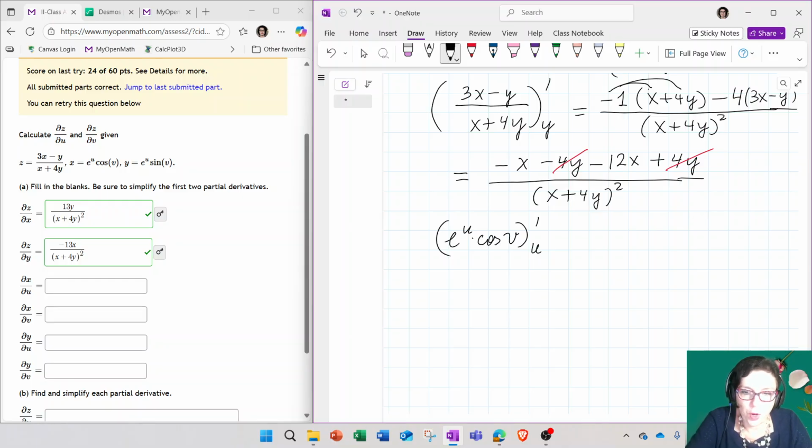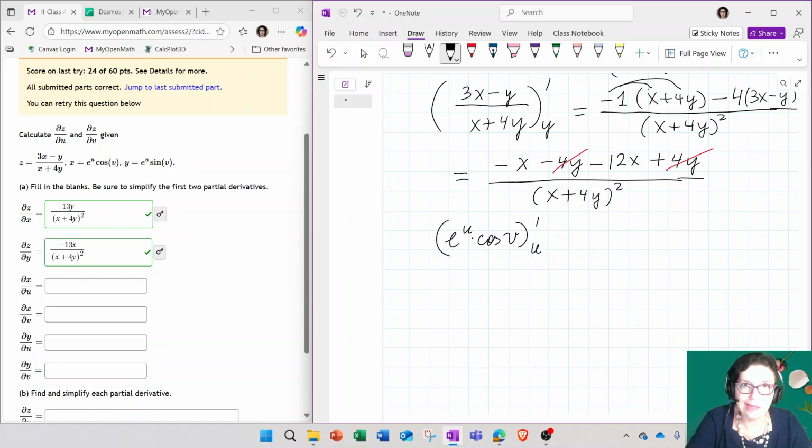But only one of these terms has u in it. So you may be tempted to say, oh, well, cosine v will just drop out because it doesn't have a u. No, not so fast, because this is not addition. We're not adding a term that doesn't have a u. We're actually multiplying by a term that doesn't have a u. So cosine v in this case is a constant multiple that you must keep.